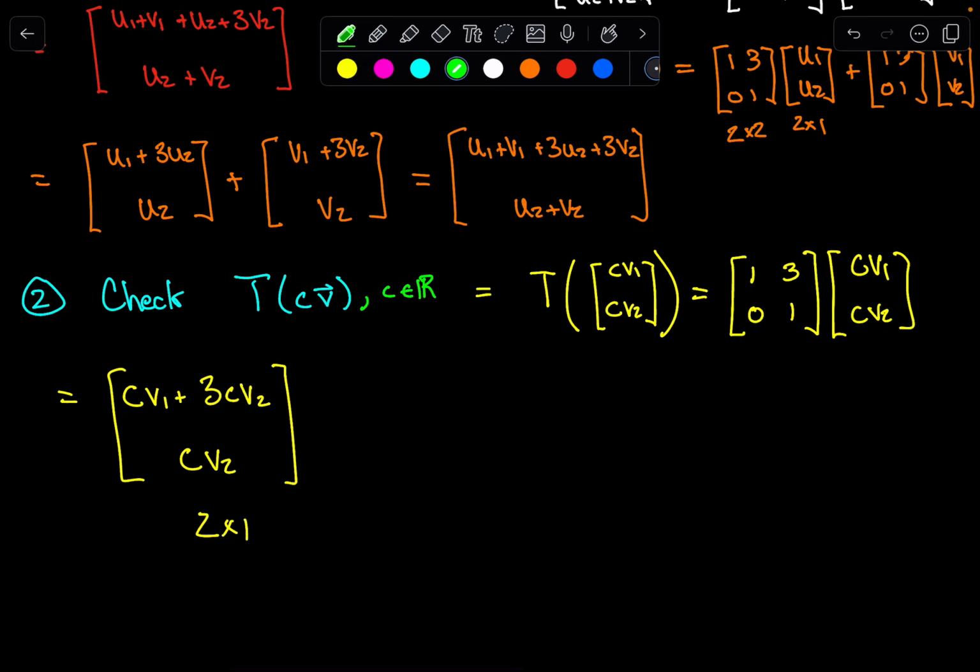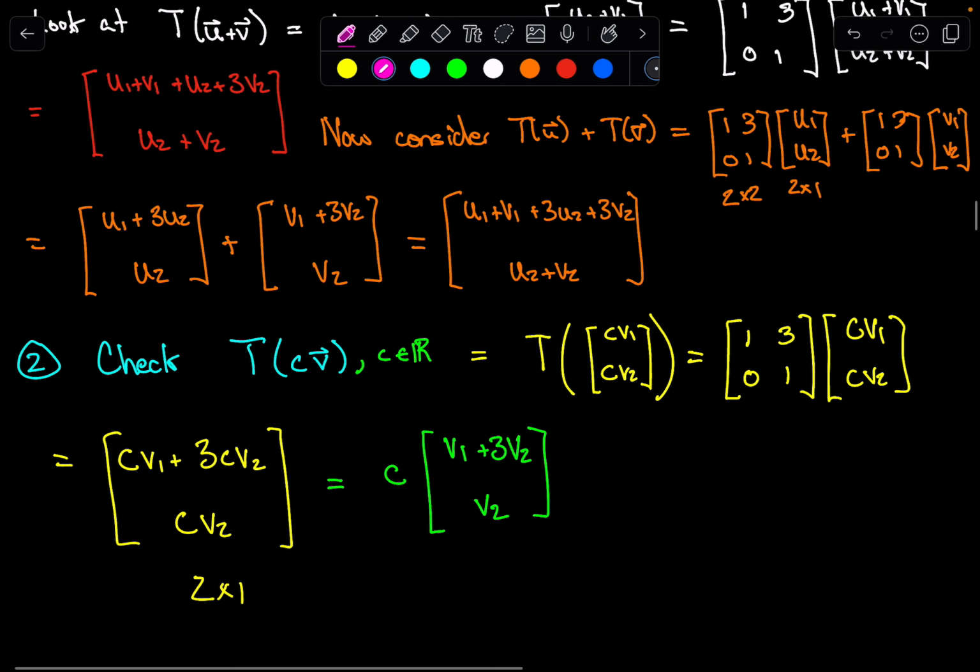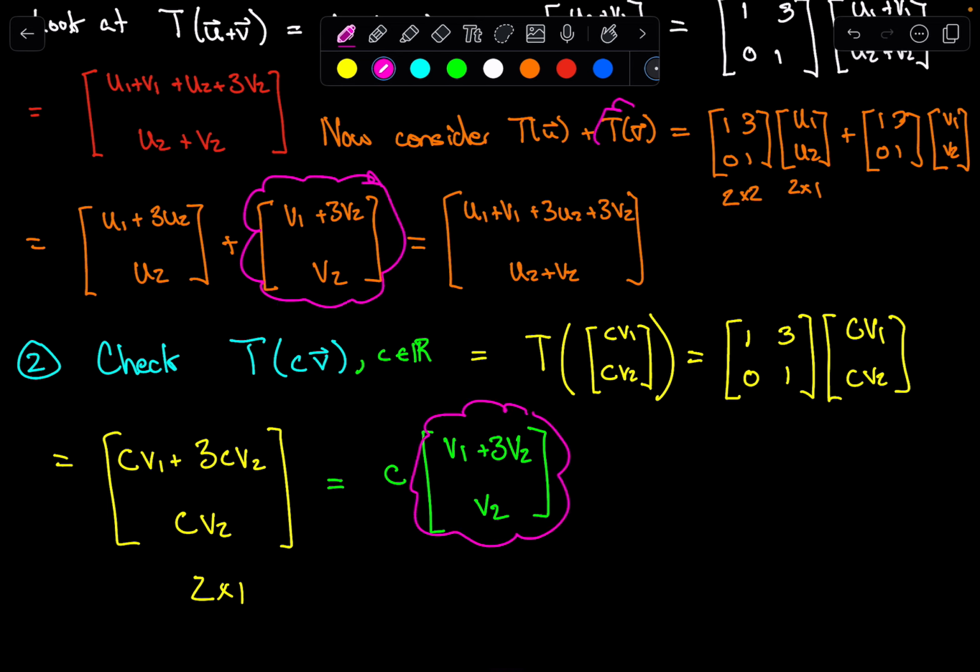And then you'll notice that every single one of these terms has a c in it. So this is the same thing as if I had written c times the vector v1 plus 3v2, and then a v2 here. And sure enough, if you remember from the step that we did before, this right here is T of v.